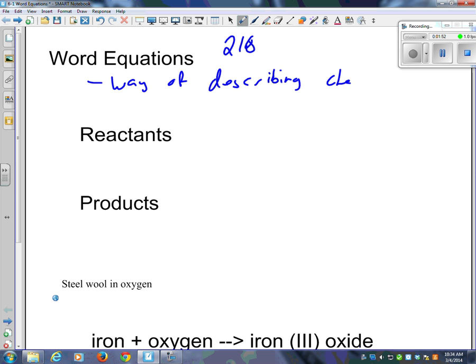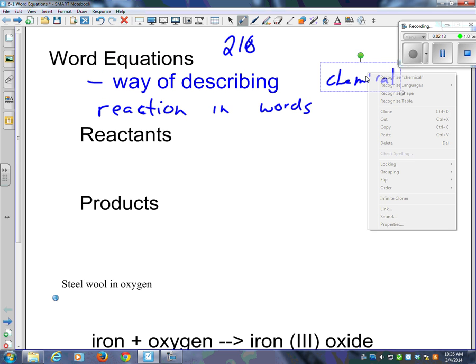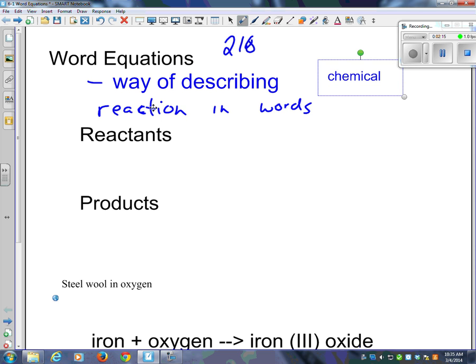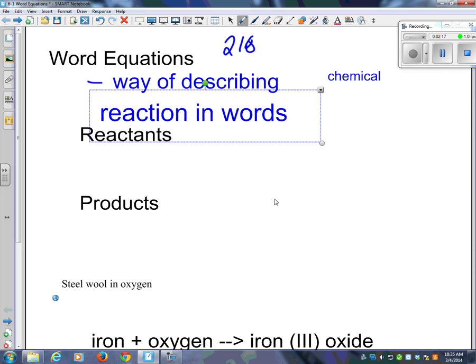Okay, how about we say it's a way of describing a chemical reaction in words. I'll try to write it so you can read it. Is that not really what it is? It's a way of describing a chemical reaction in words.